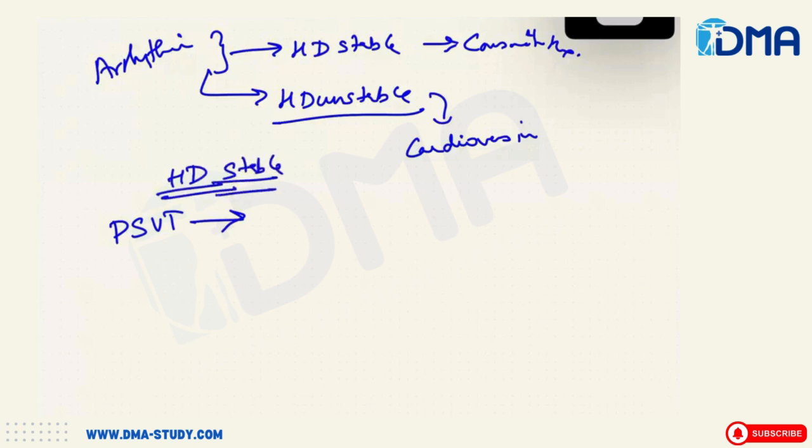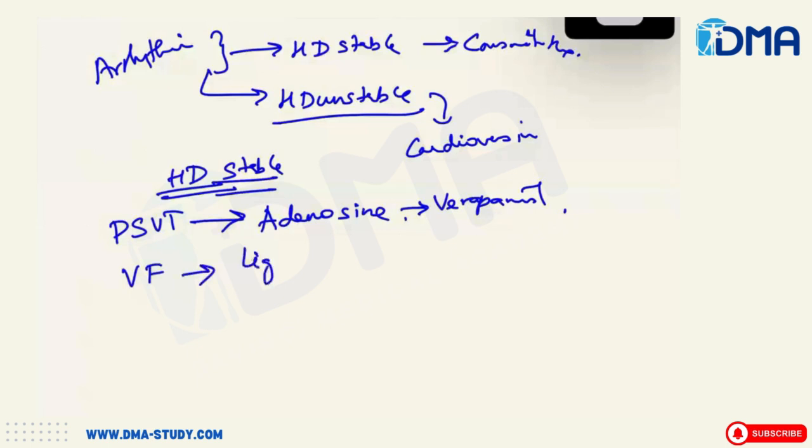If it is paroxysmal supraventricular tachycardia, my first choice would be adenosine. The second choice could be verapamil. For ventricular fibrillation, the first drug I would give could be lignocaine.